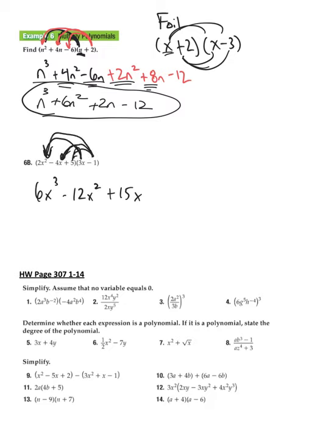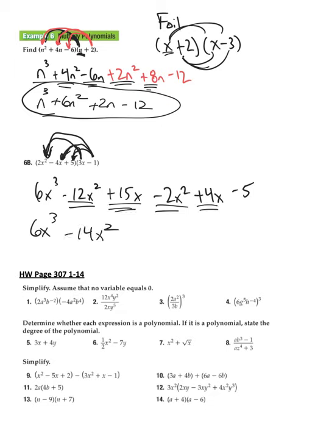It'd be negative 2x squared plus 4x, and then minus 5. Last, combining your like terms, 6x cubed, negative 14x squared, plus 19x, and then minus 5. Okay.